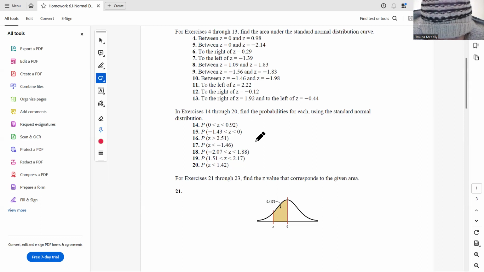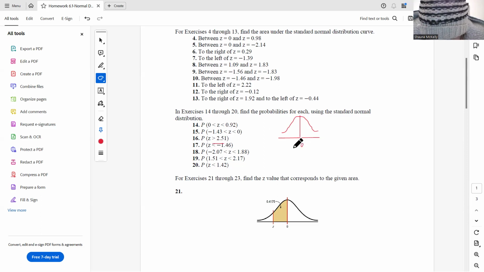Now, if I do, say, 16, 16 is going to look like this. Here's my curve. There it is. And I'm looking at greater than 2.51. So I'm going to draw my 0 in here like that. That's 0.